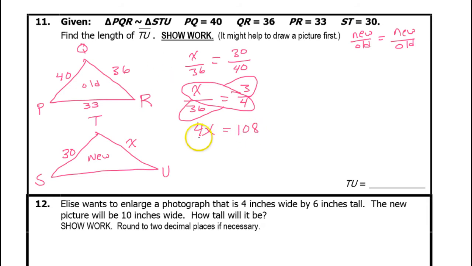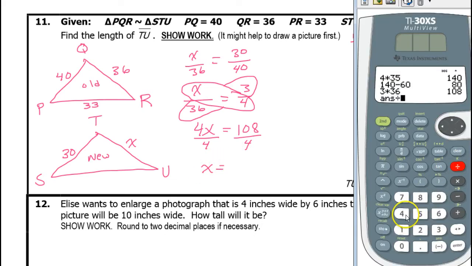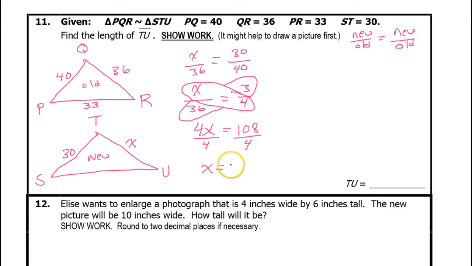And then we are going to divide both sides by 4. And that's 27. So TU is equal to 27.